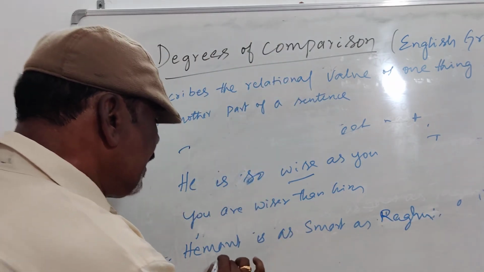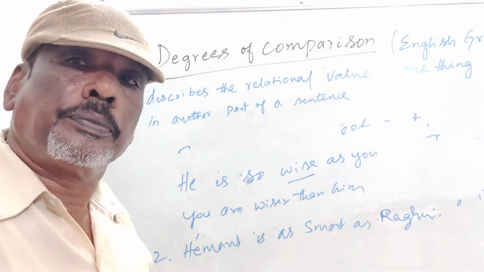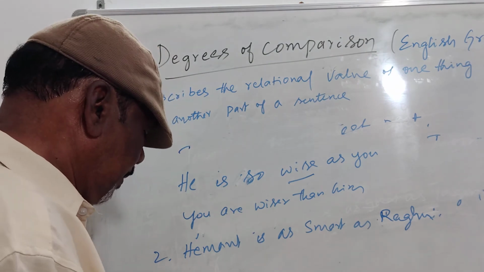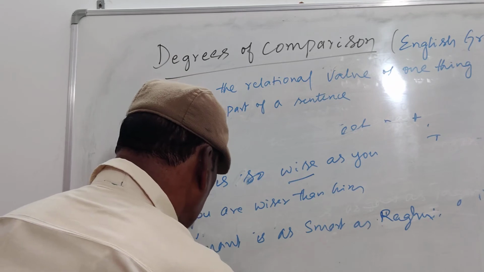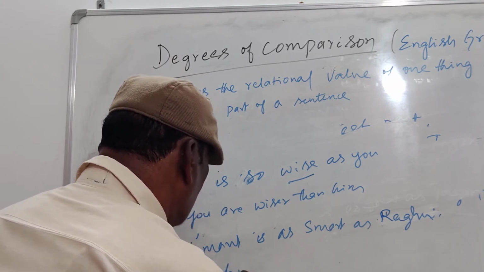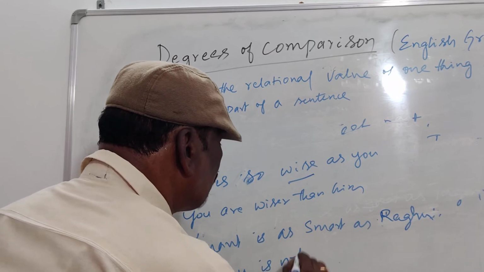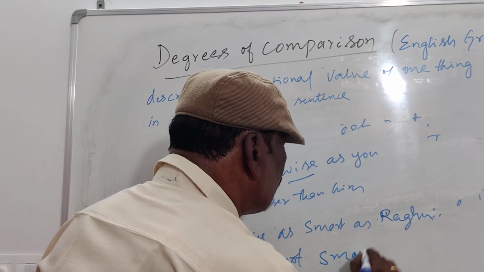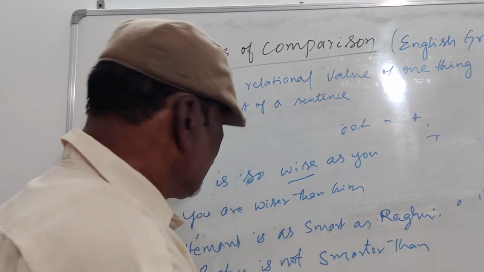Okay, here it is an affirmative sentence. Let's use "not". How to use? Raghu is not smarter than Hemant.